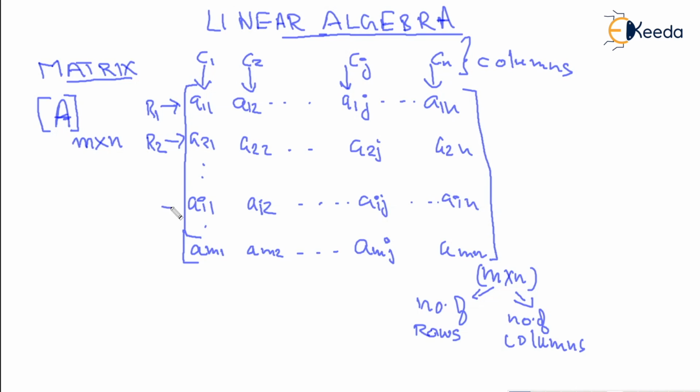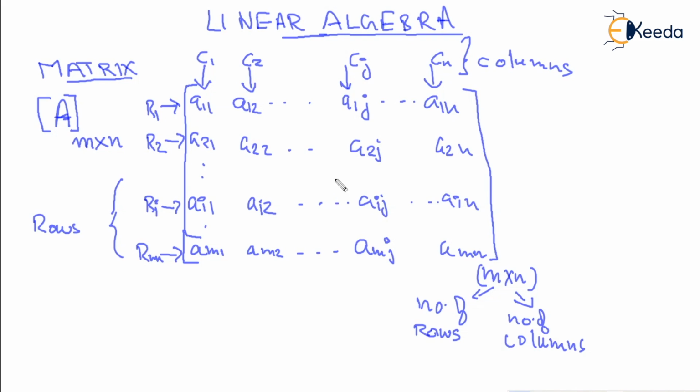This is row i, the ith row, and at the end the mth row. So these are the rows.